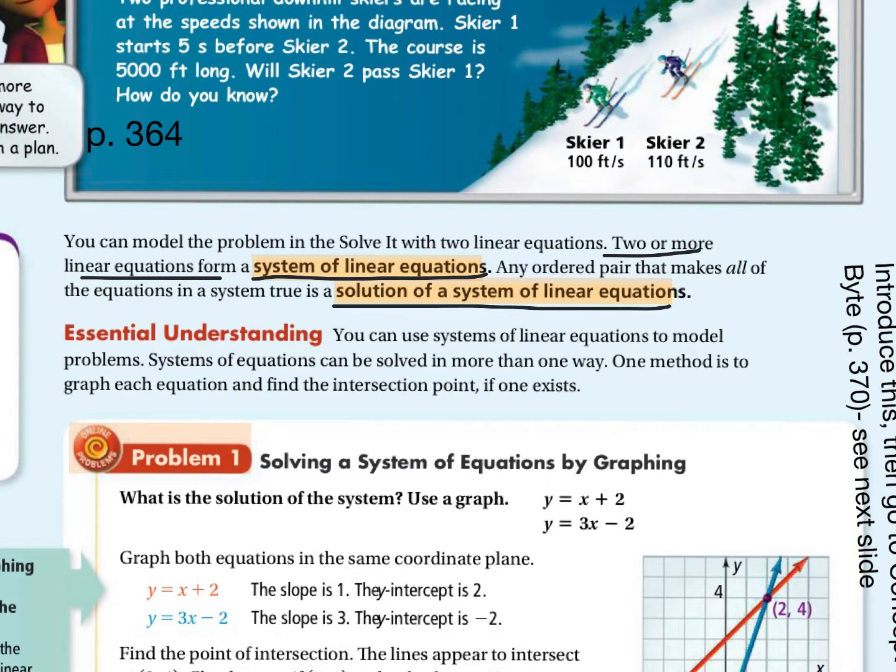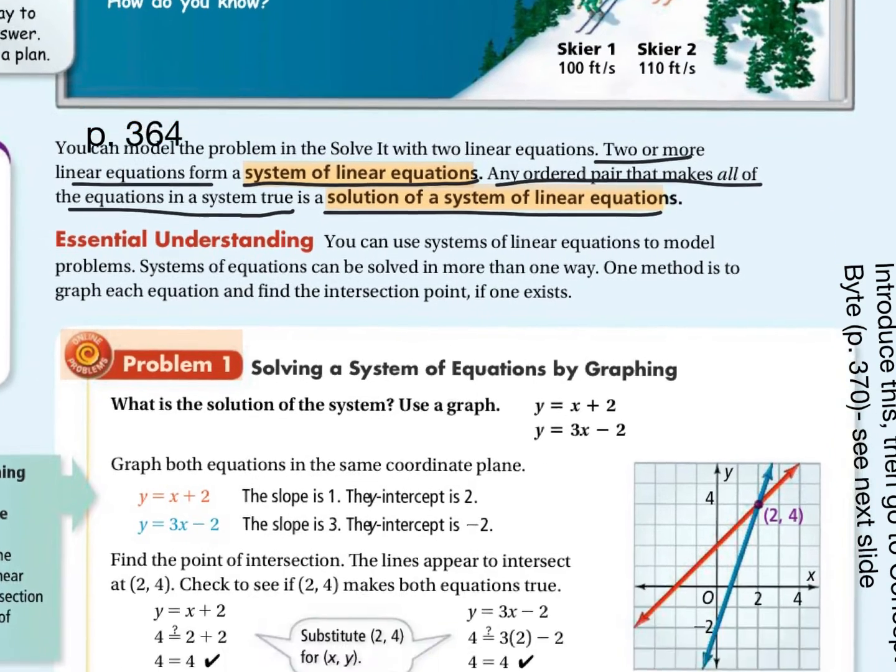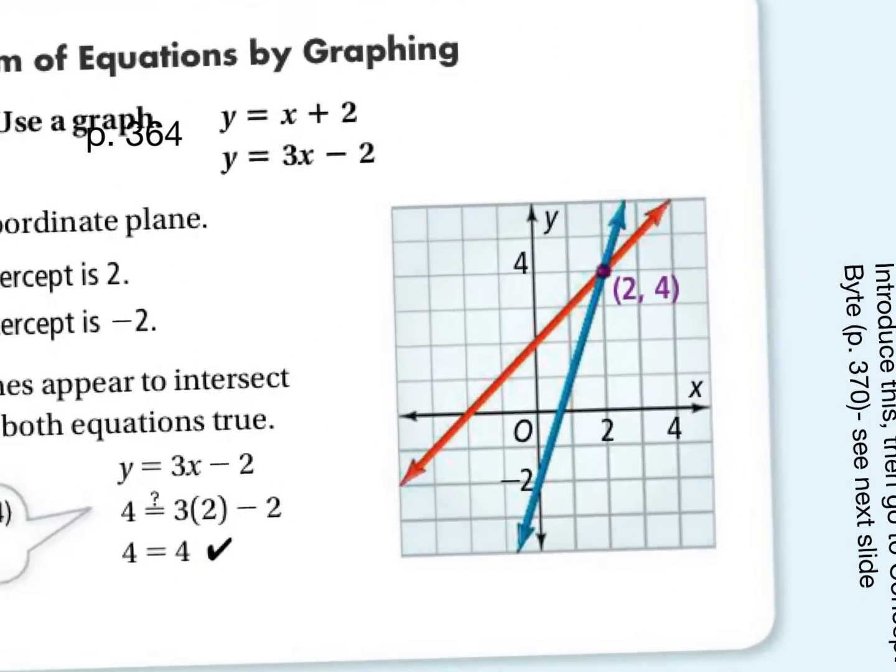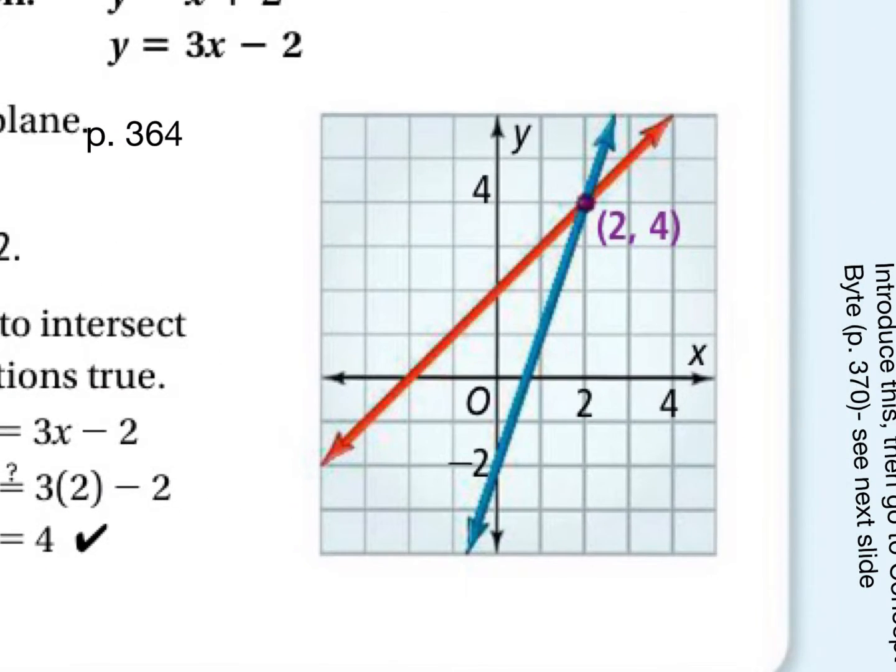The solution or solutions would be any ordered pair that makes all the equations in a system true. Basically, if we're graphing our lines, the solution for the system of equations is going to be where the lines intersect each other.